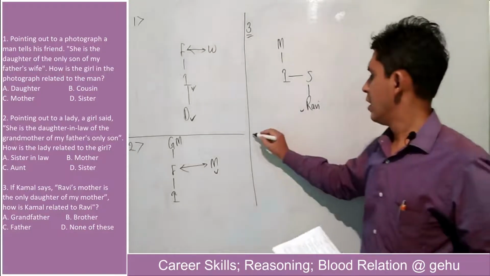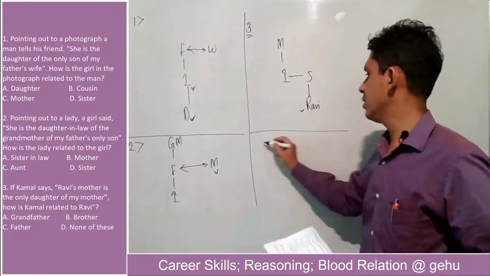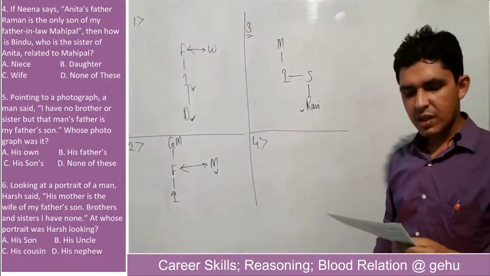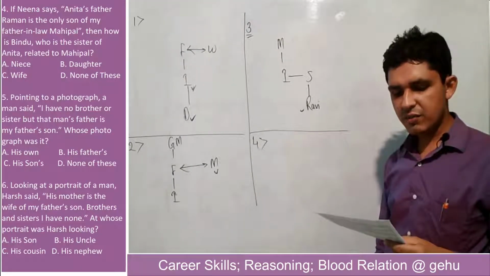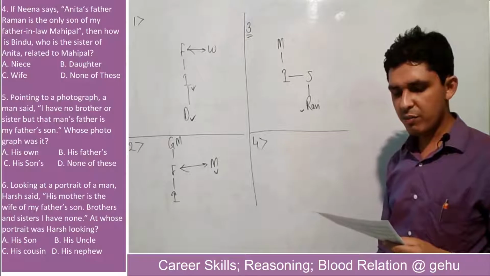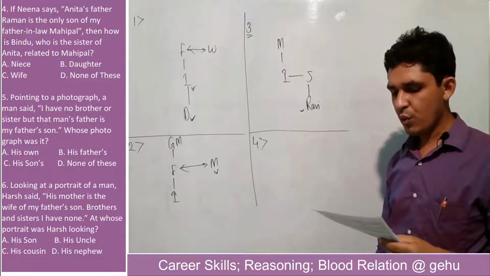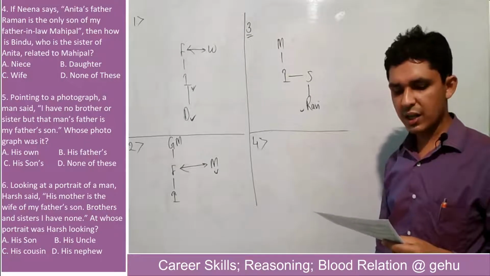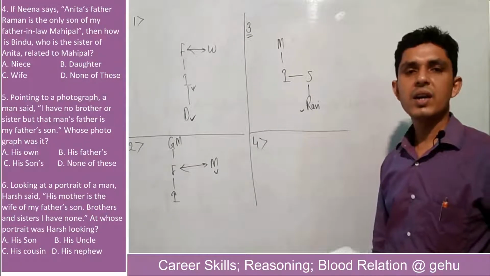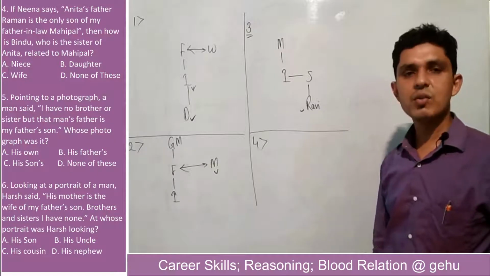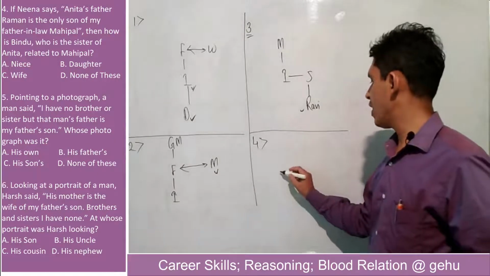Okay, let us go to question number 4. Question number 4 is, if Neena says Anita's father Raman is the only son of my father-in-law Maipal, then how is Bindu, who is the sister of Anita, related to Maipal? So I again start with my father-in-law Maipal. How can we draw the father-in-law?